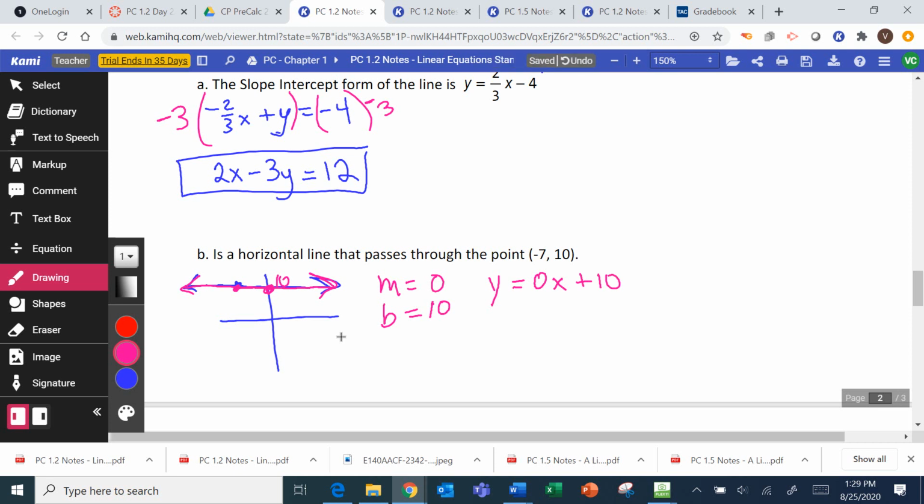Now 0x is not really there, so y equals 10. And now it's already in standard form. I'm not going to write 0x plus y equals 10 for my standard form. So y equals 10 is done.